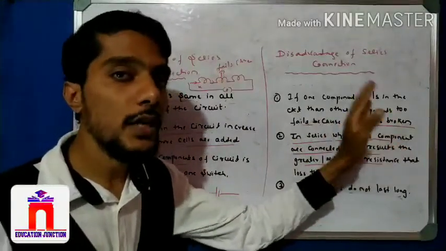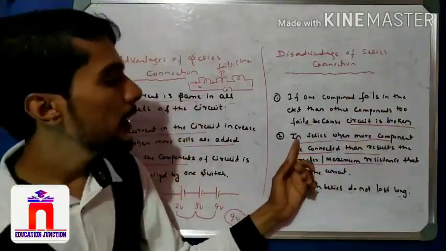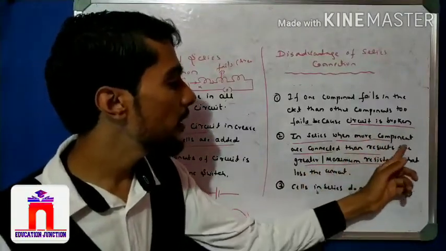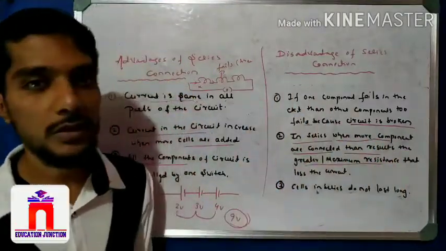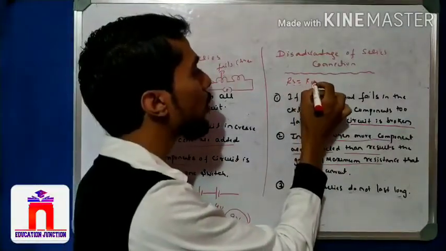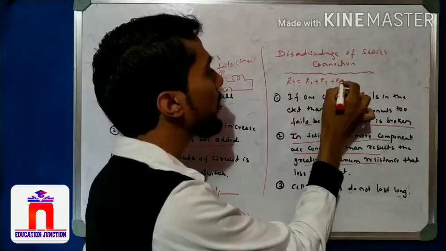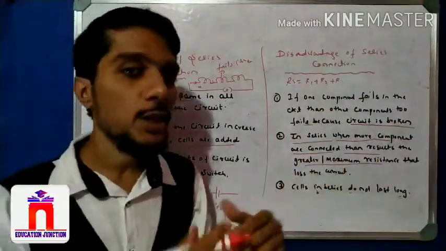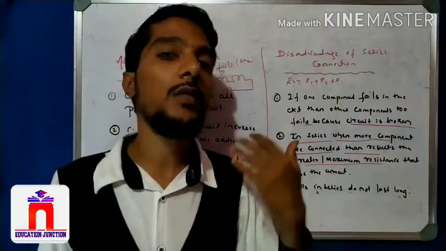Now another one: in series, when more components are connected, the result is greater or maximum resistance. Whenever we connect resistances or components in series, we observe an increase in the resistance, so there is a maximum loss of current.